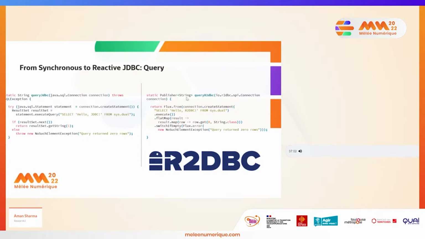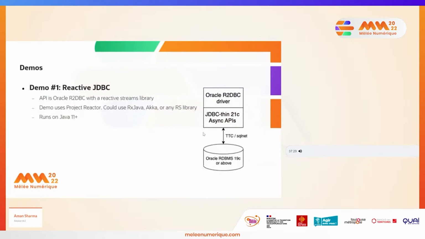And I'm including the links for you at the end of this presentation. So we have Flux here, so you can create a statement and execute it, it is non-blocking, so you have the reactive streams and the entire stream being returned, and then you can apply some operators, process, and extract what you want. But at the end of the day, this is not synchronous but asynchronous. Just to give you a glimpse of how it works, as I said, we have the Oracle database at the bottom.